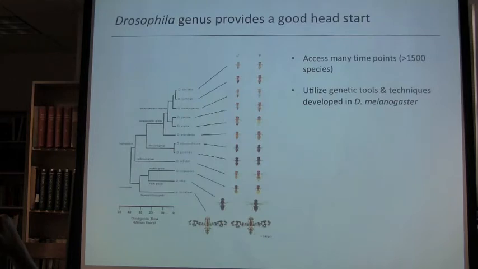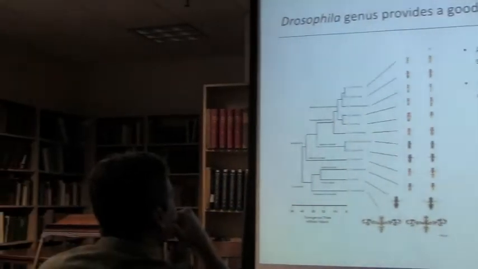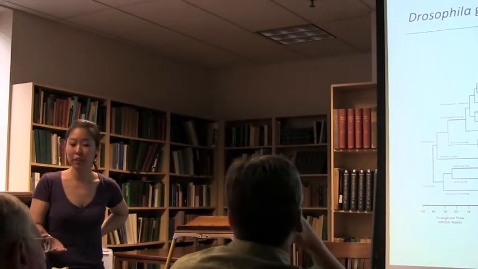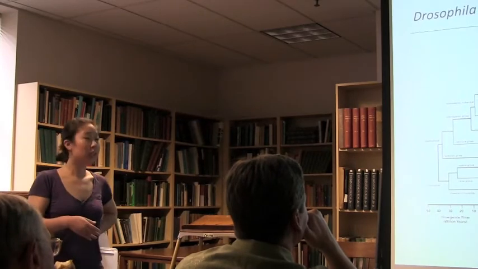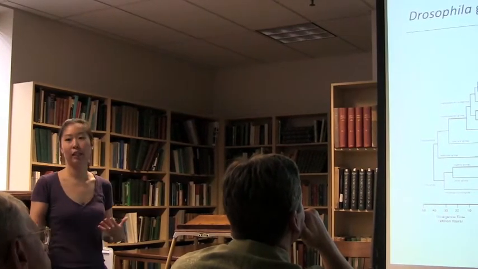I realize this is the vertebrate group, but I'd like to say that I think the Drosophila genus is actually a really great place to start, or at least to do speciation work. Because when people think of the Drosophila genus, they just think of melanogaster.